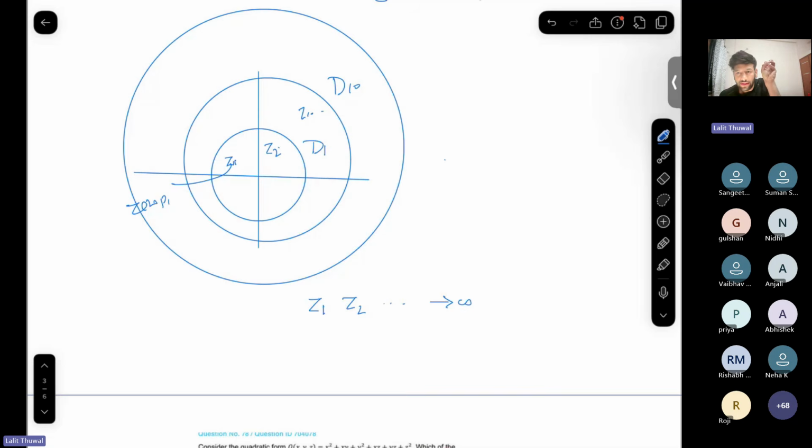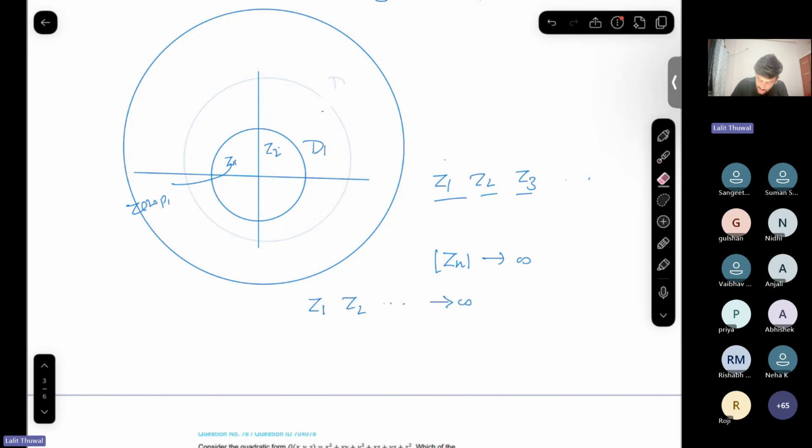Actually, no need to draw this. Just pick some zero z1, pick some zero z2, pick some zero z3. The Pn's are polynomials, and you have a sequence, and I claim that this converges to infinity. Why? Because this cannot be bounded. So this is a better way to understand this.